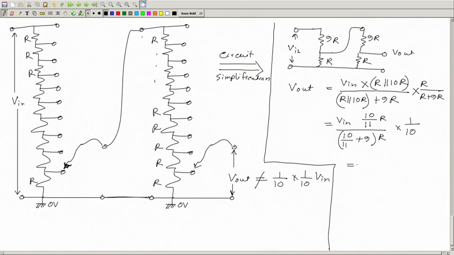So, then this becomes how much? This R you can cancel. So, we have V in into, this 10 you can cancel, V in by 11, and there is one more factor, 1 over 10 by 11 plus 9, which is 10 plus 99, 109 divided by 11. So, this is V in by 109, not equal to V in by 100.